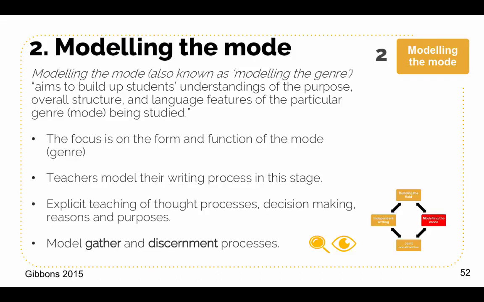This segment really focuses on the teacher being explicit. The teacher's understanding of the mode is on display, and you're looking to give exemplar models of writing pieces. You're looking to demonstrate to students what writing in this genre actually looks like.